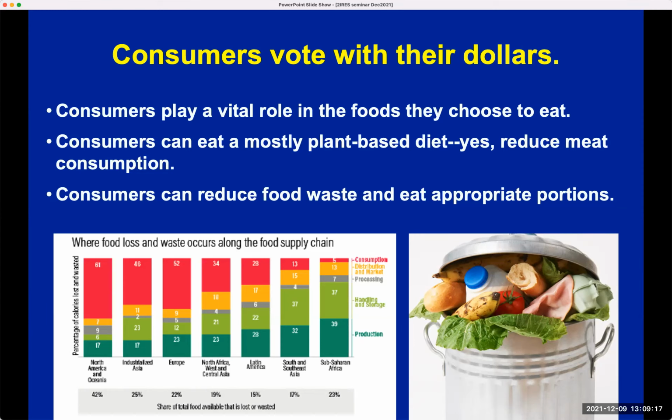Also, we know food waste, depending on what you read, is 25, 30% across the globe, pretty much, whether in developed or less developed countries, for different reasons. So obviously those are targets. If you look at that bottom figure, it shows what some of those reasons are. For example, in North America, it's more food wasted once we actually get it for consumption, whereas in less developed countries, it's more with infrastructure and the production side.